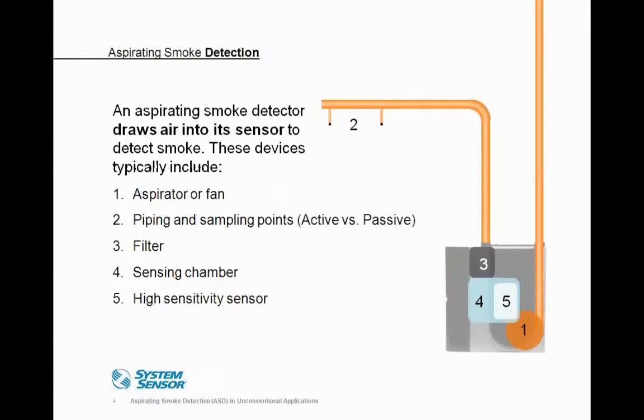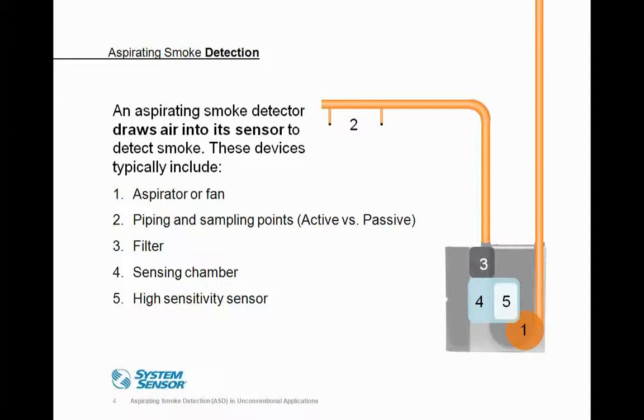Okay, so let's get started. This slide is probably a review for most of you, but we wanted to provide a general overview for anyone who might be new to the technology. At its most basic level, an aspirating smoke detector is a detector that actively draws air samples into its sensor for the purpose of detecting smoke.